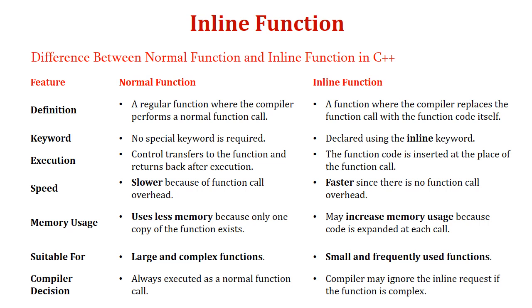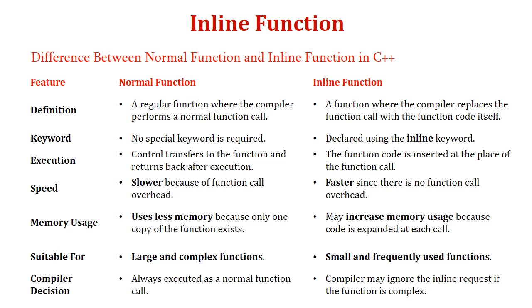The normal function uses less memory because only one copy of the function exists. Inline function may increase the memory usage because the code is expanded at each call. The normal function is suitable for large and complex functions. The inline function is suitable for small and frequently used functions.